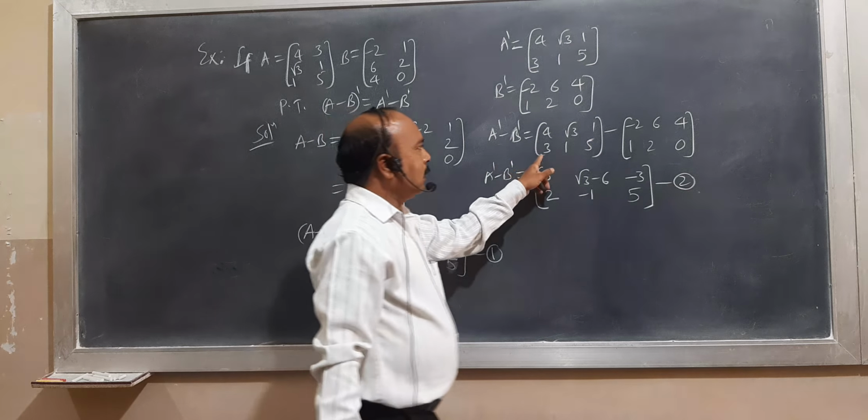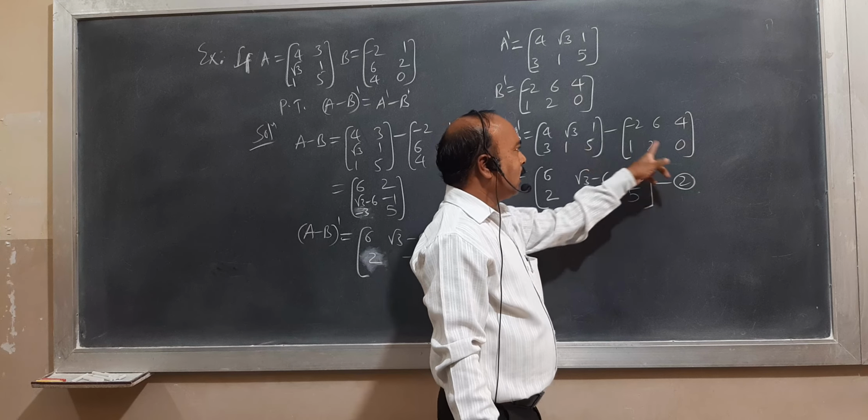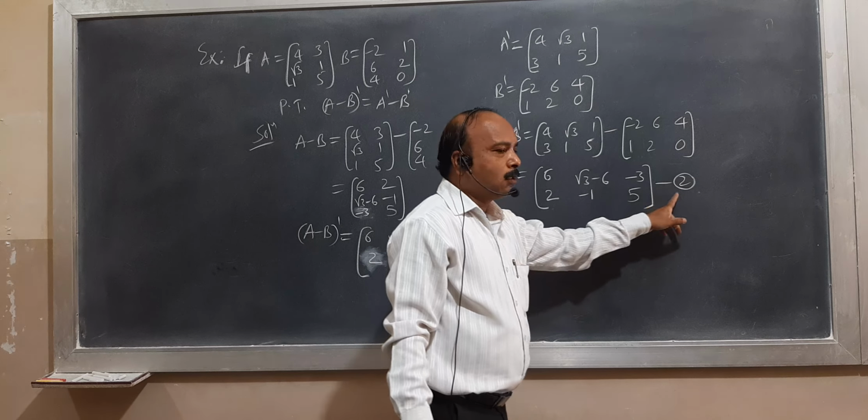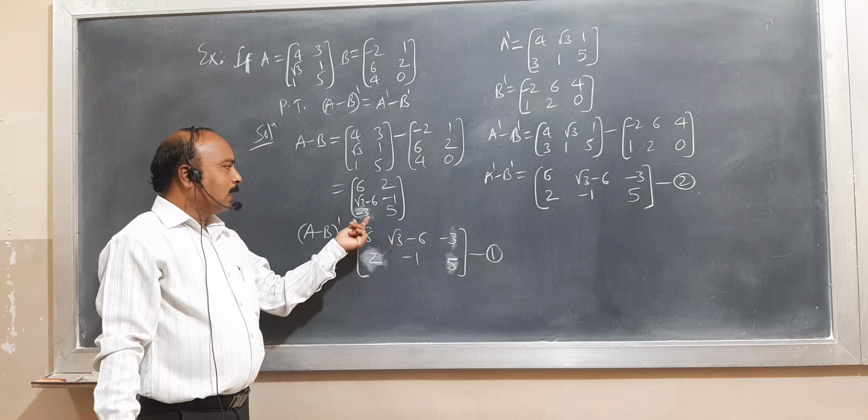Here 3 minus 1 is 2, 1 minus 2 is minus 1, 5 minus 0 is 5, call this as 2. Here we made a mistake. Here 1 minus 4 is minus 3.